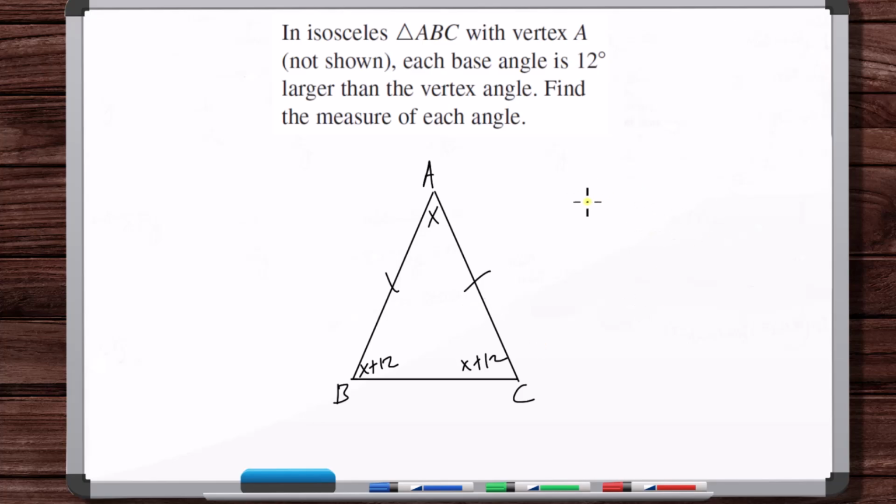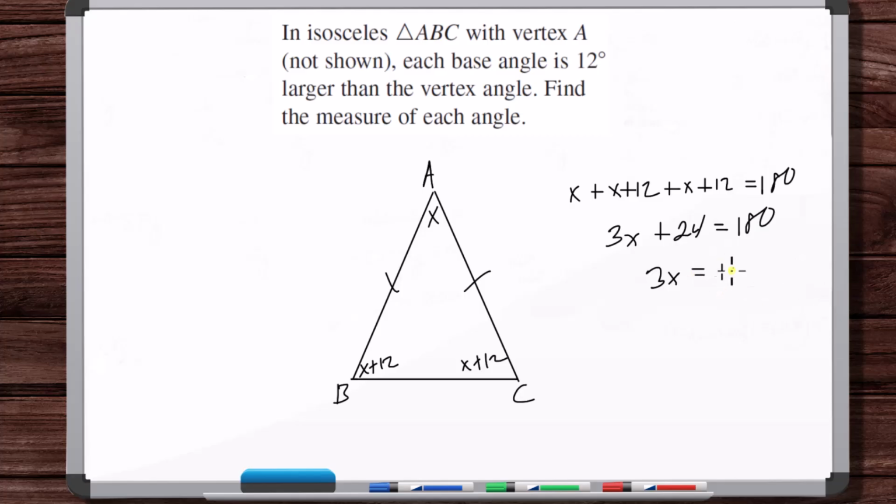So x plus 12 plus x plus 12 needs to be equal to 180. So x plus x plus x is 3x. 12 plus 12 is 24. 180 minus 24 is 156.